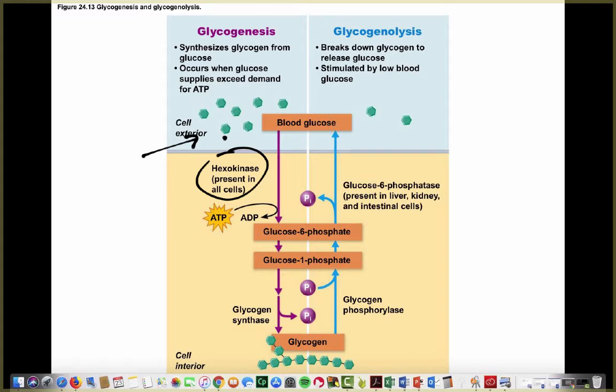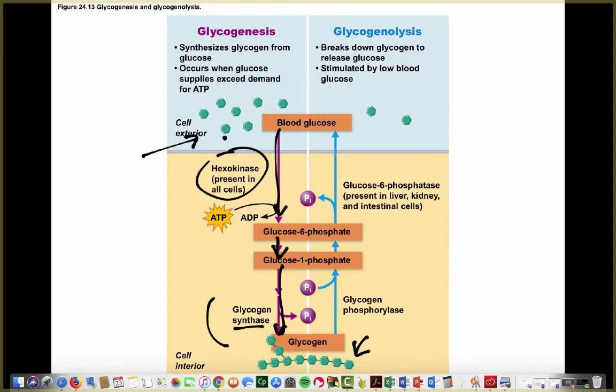And so through here, you make glucose 6-phosphate, which, if you remember, that's a process. There's several steps here, right? Well, instead of continuing throughout, you'll see that it changes a little bit into glucose 1-phosphate. And then from here, using the enzyme glycogen synthase, you're making the storage molecule.